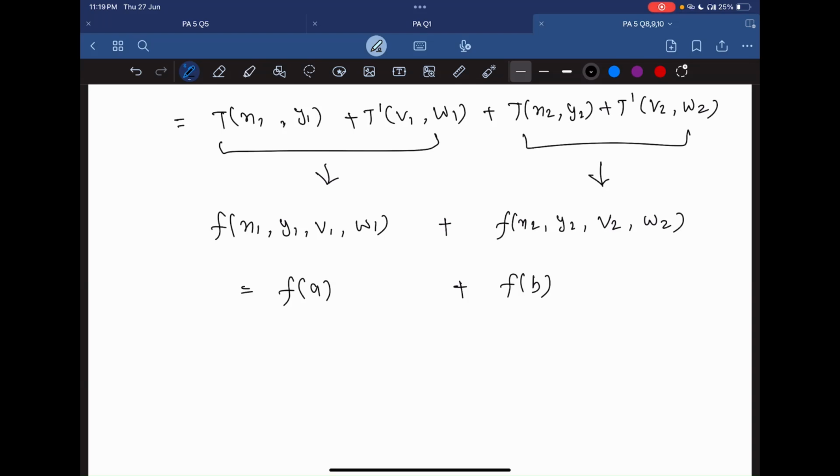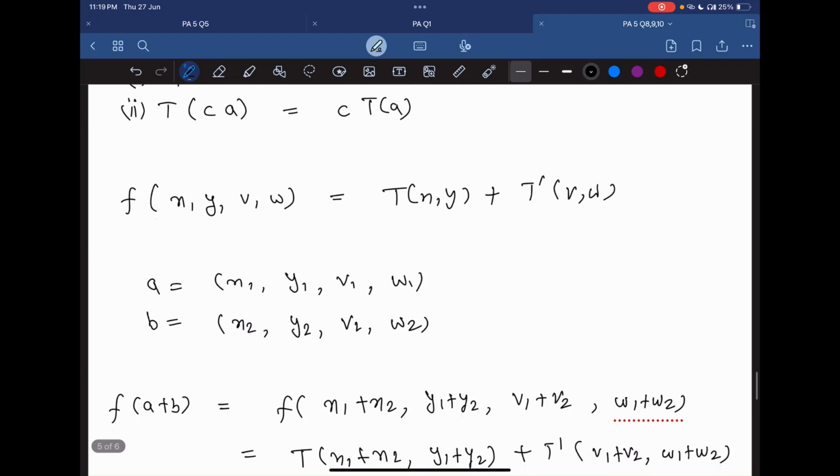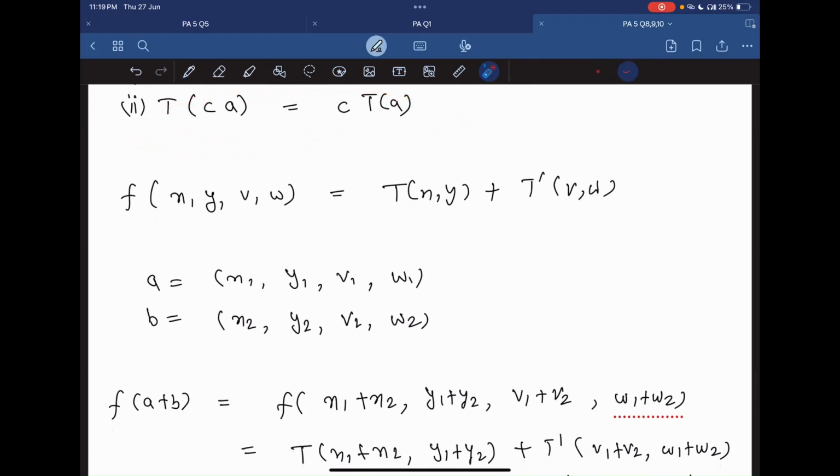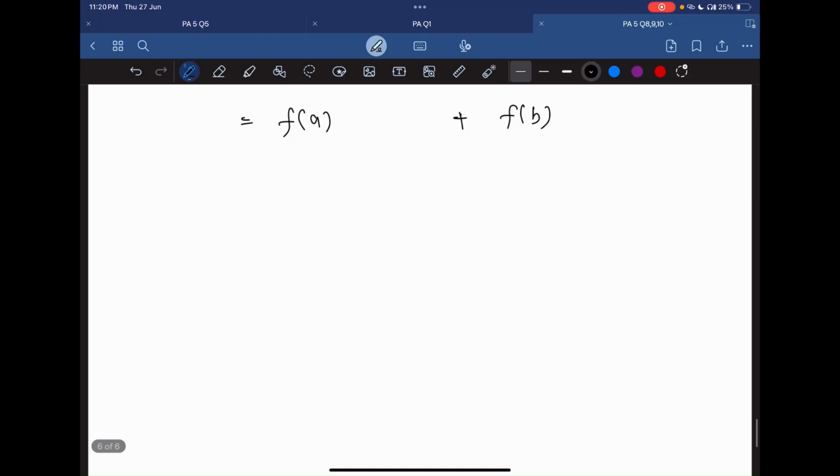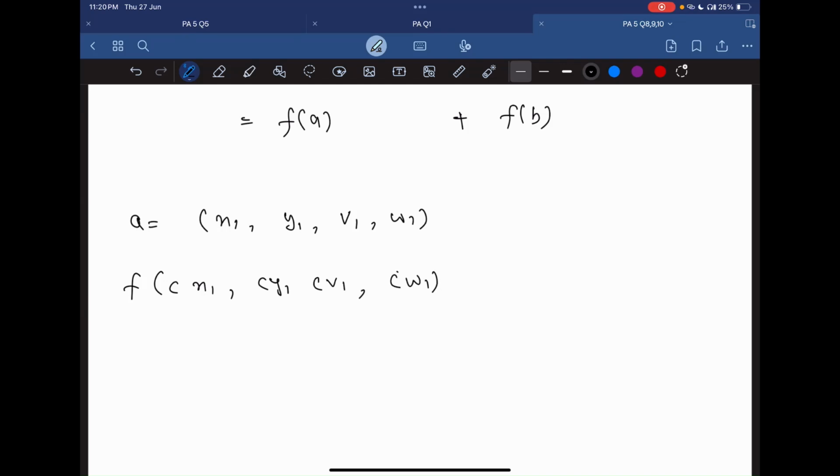Now let's check for the second property, that is T of c times a equal to c times T of a. So here it is our f. So again our vector a is x1 comma y1 comma v1 comma w1. So we have to check for some c: cx1 comma cy1 comma cv1 comma cw1. If we evaluate it, we will get T of cx1 comma cy1 plus T dash of cv1 comma cw1.